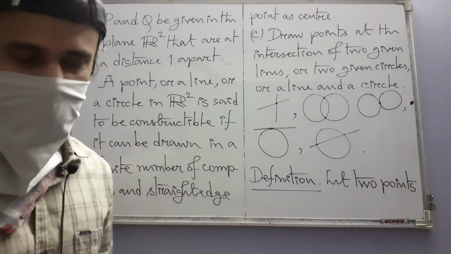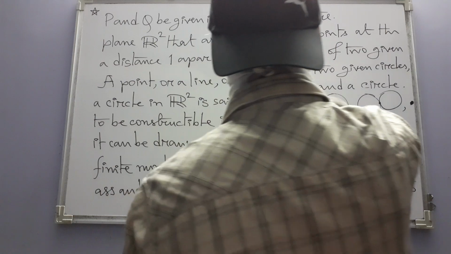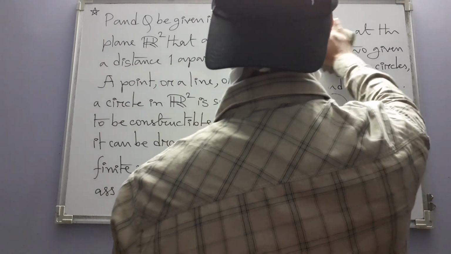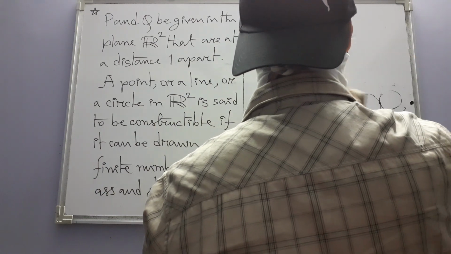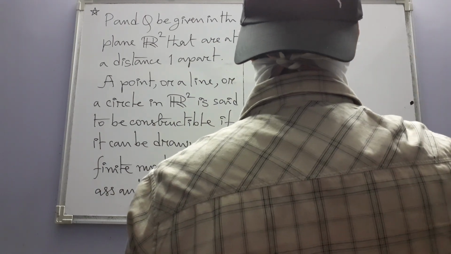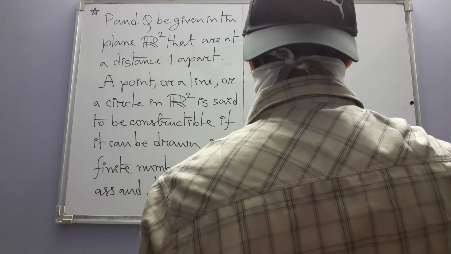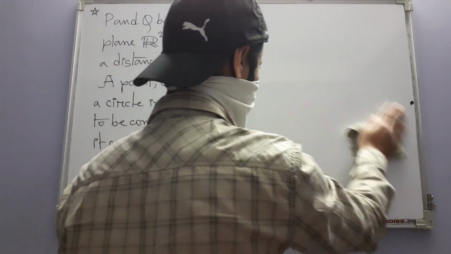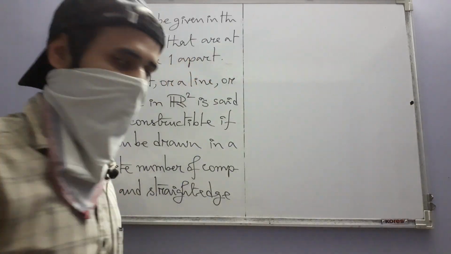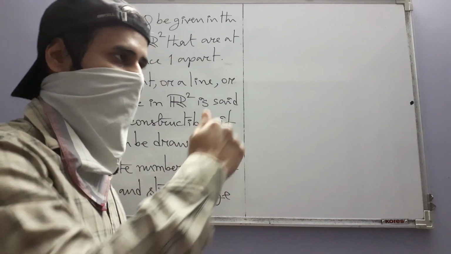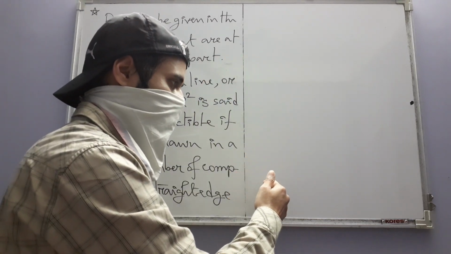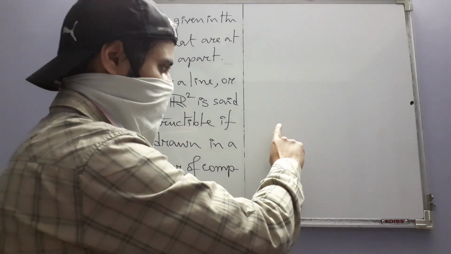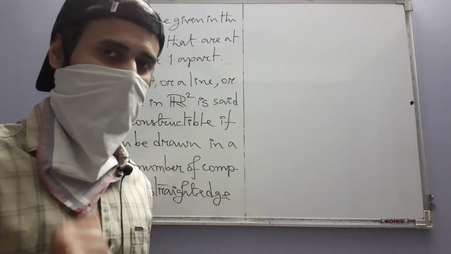Okay, so that means if you start from P and Q, those two fixed given points, and then apply the compass and straightedge operations, any number of them, finitely many of them, in any sequence you want, say you apply operation A first, you draw a line through those 2 points P and Q, you get a line.